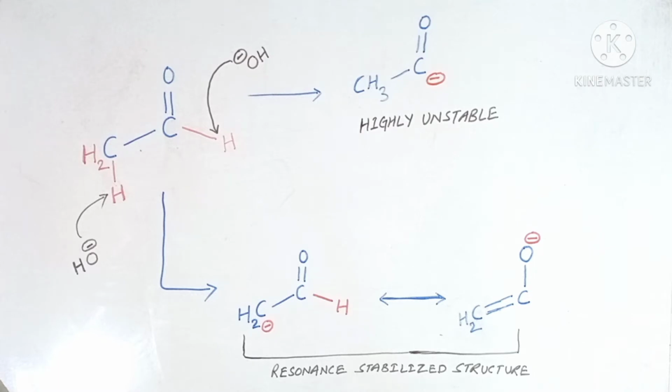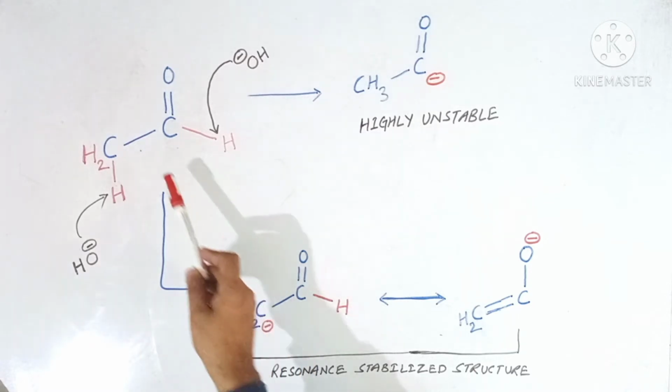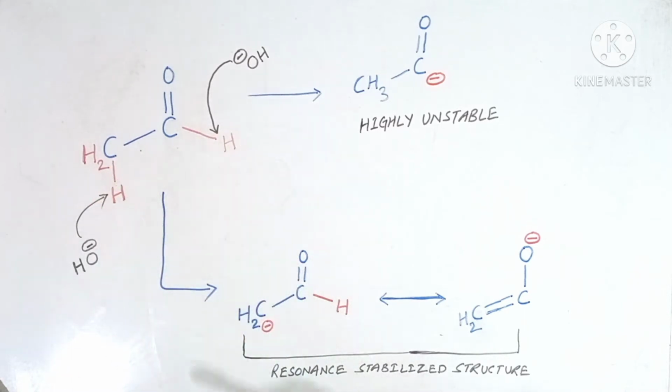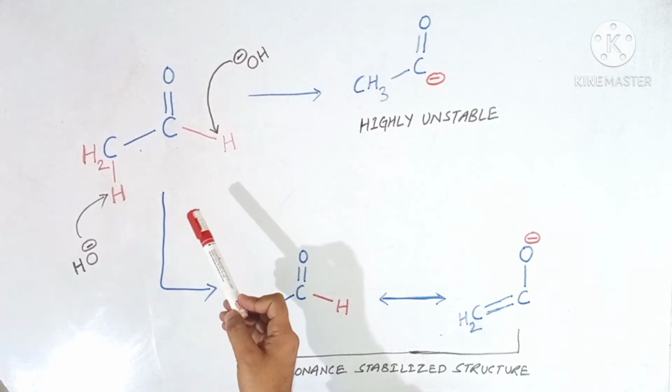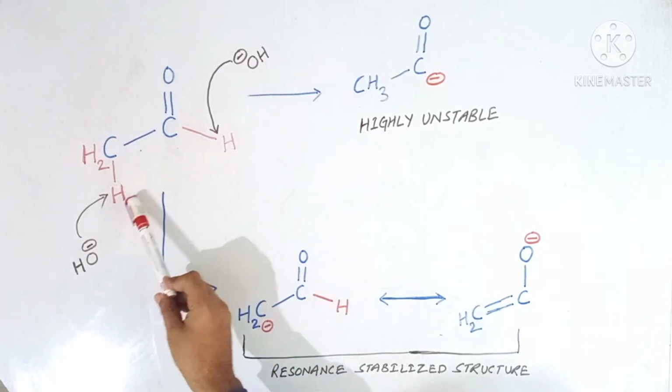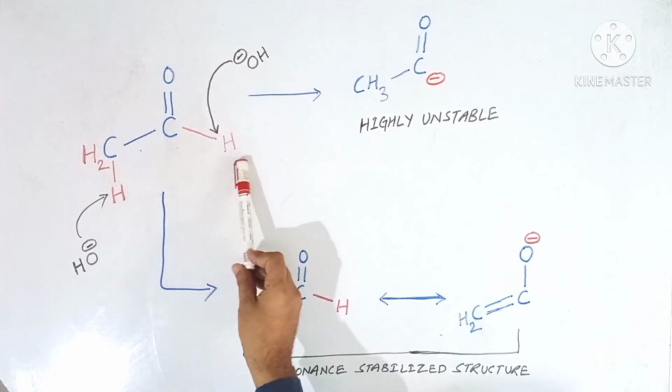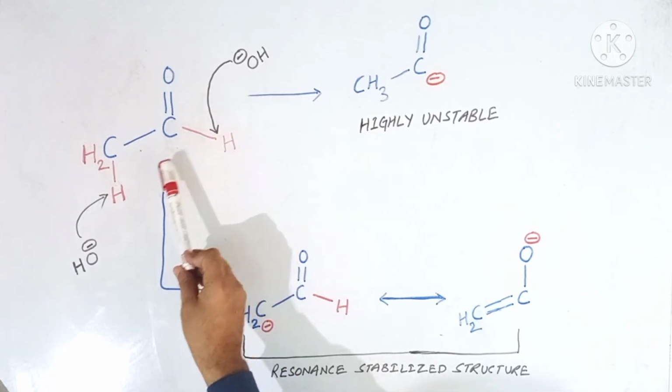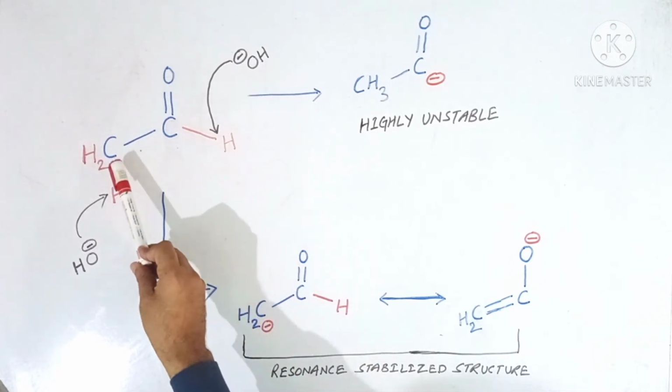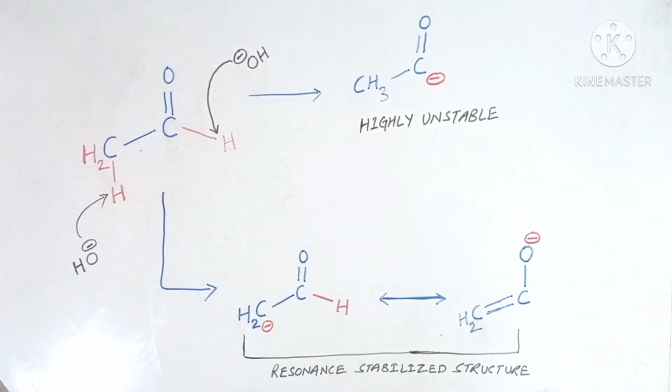Today in this session we will compare the acidity of two protons present within acetaldehyde. So here is the structure of acetaldehyde, and we want to compare these two protons: the proton which is directly attached to the carbonyl carbon, and the second proton which is present on the alpha carbon in acetaldehyde.